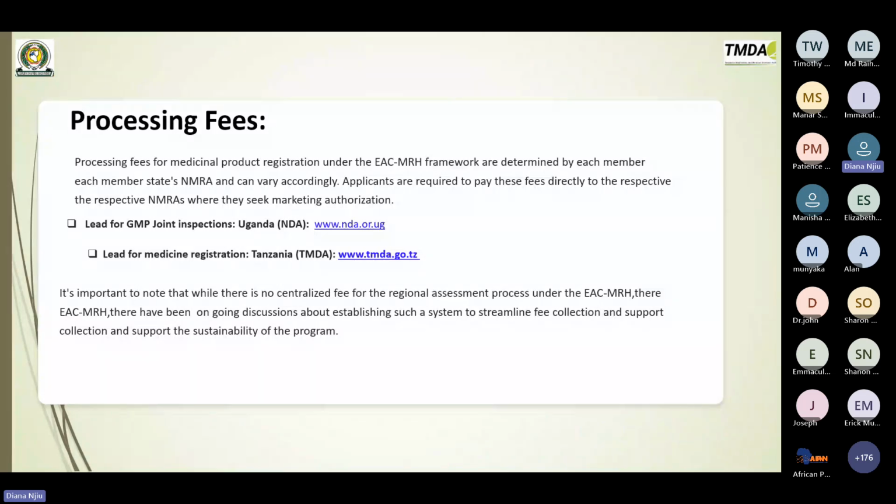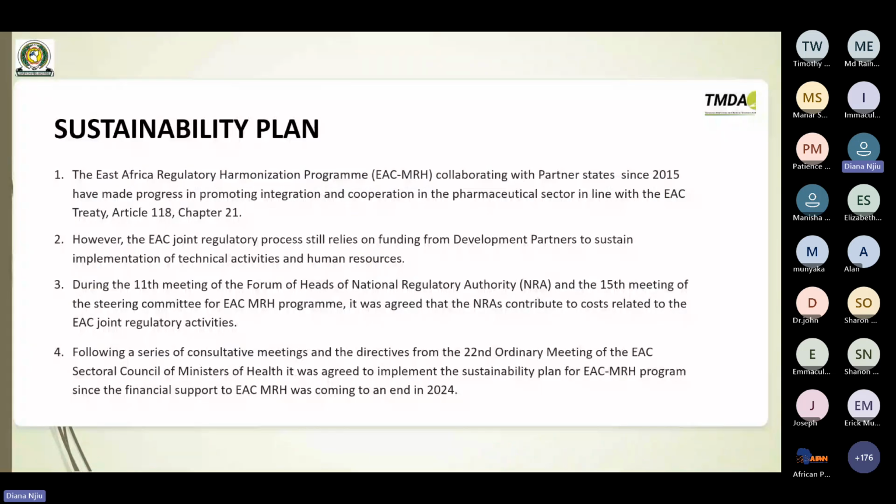However, as we said, there have been some ongoing discussions about establishing this system, and meanwhile there is also a sustainability plan for the program. Maybe we may have another opportunity to discuss it in another session where we'll invite the coordinators to talk more about it.